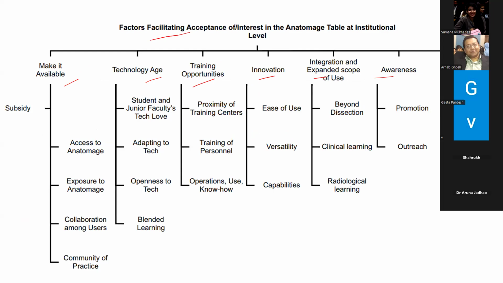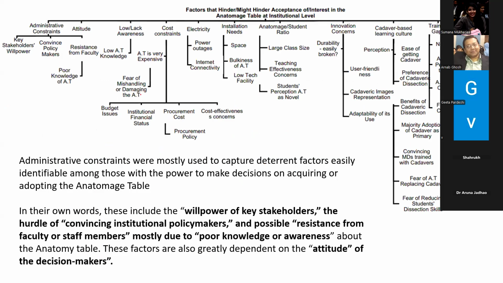These are the factors which facilitate acceptance of this new technology. And they have tried to find out the barriers in terms of administrative constraints, attitudes, lack of awareness, cost constraints, electricity, installation needs, the student ratio, innovation concerns, then the cadaver-based culture, that is resistance to accept virtual dissection as the norm, training gaps, and curriculum.